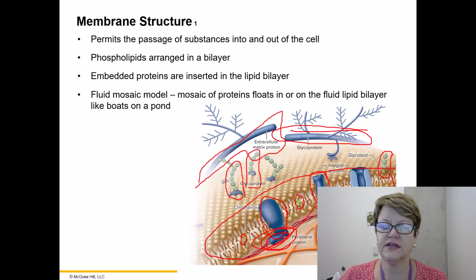So you have these glycoproteins with their carbohydrates facing the extracellular side of the membrane. Then you have proteins that go all the way across the membrane. You have cholesterol that's embedded in the hydrophobic section of the membrane. And on the inside of the membrane, that's where you have the connections to the cytoskeleton.